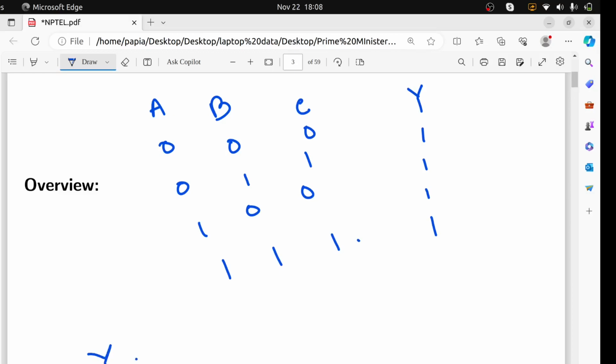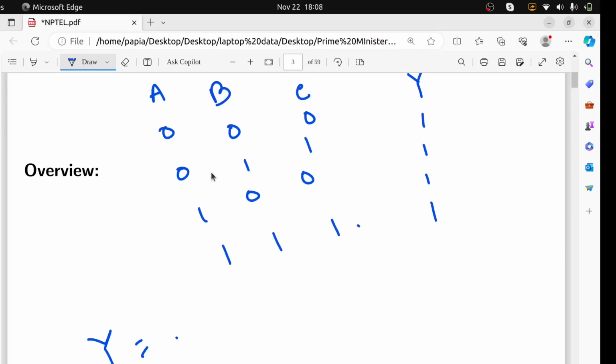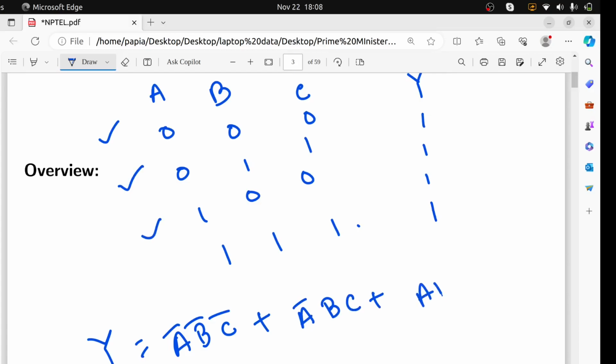The output will be what? So you can see here, from the very first one it will be a bar, b bar, c bar. Now from the second one, a bar, b, c, right? The third one, a, b bar, c bar. The fourth one, a, b, c.